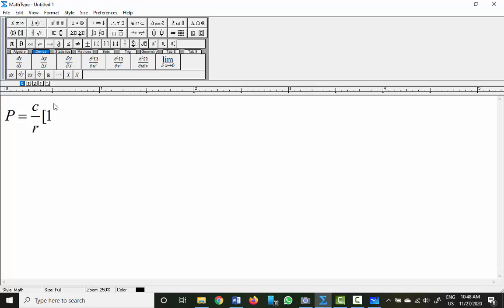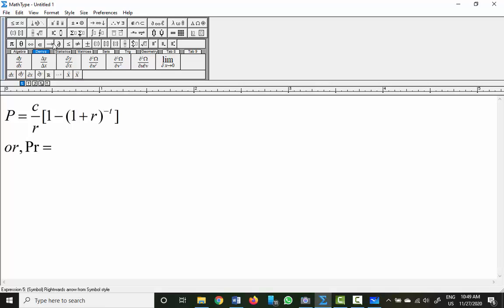This is the present value of annuity formula: 1 minus (1 plus R) to the power minus T. We need to find out the value of C, that is the monthly installment. So let us do cross multiplication.